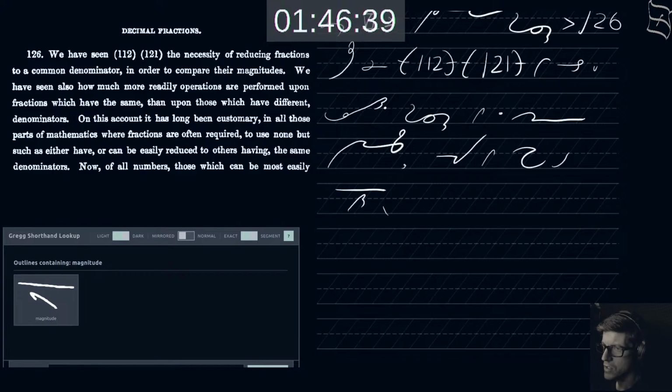We have seen also how much more readily operations are performed.